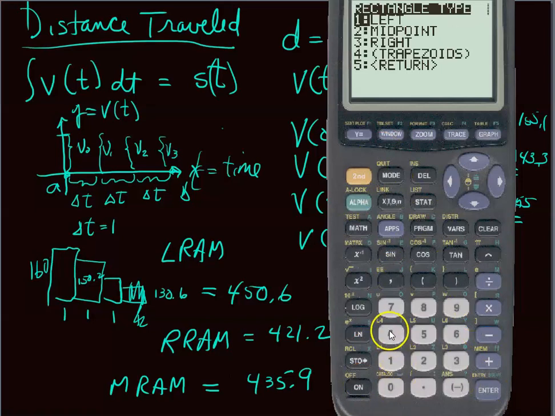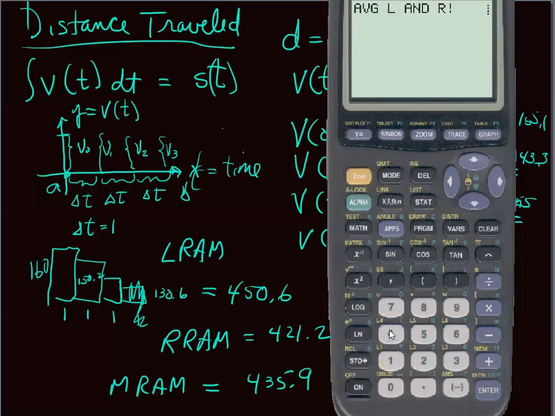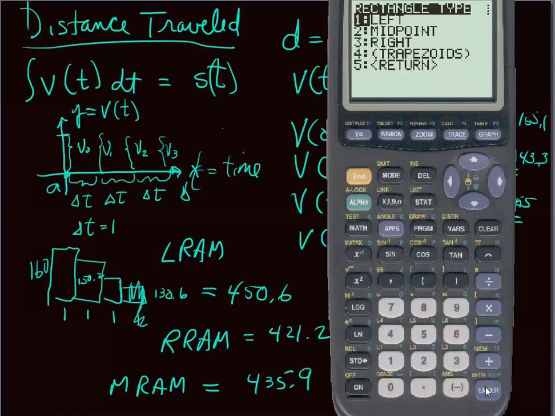You can use trapezoids, and it just averages the left and the right, which is the same as the midpoint in this case. That's the left. This is the right. And when you average them, you get what I got.